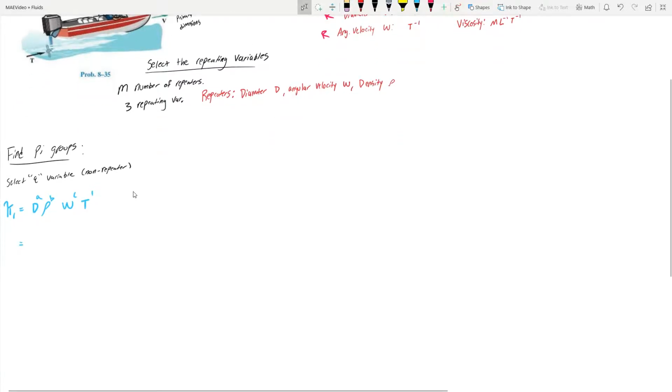Okay, and now we're going to write this out in terms of their primary dimensions. So we're going to have length to the a times density's mass to the b, length to the minus third times b, and then omega is going to be t to the minus, usually minus 1, but we have a c here, so minus 1 times c.